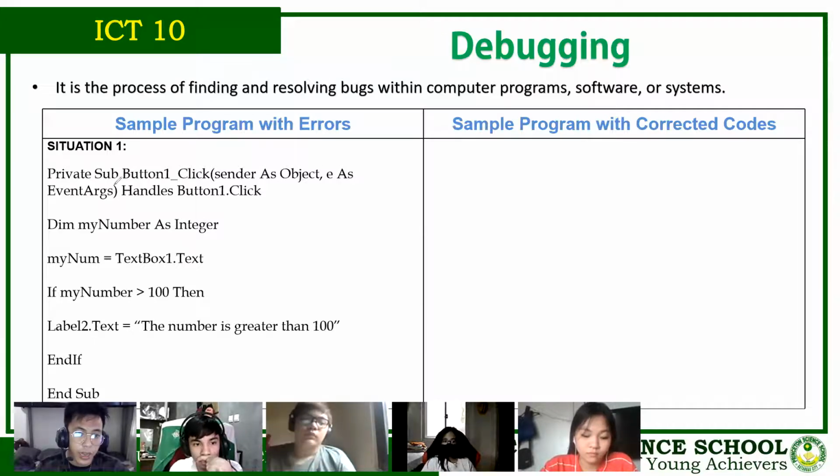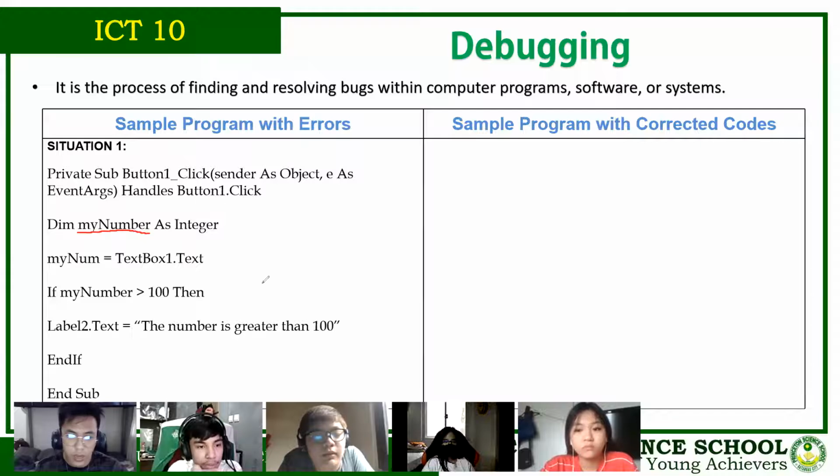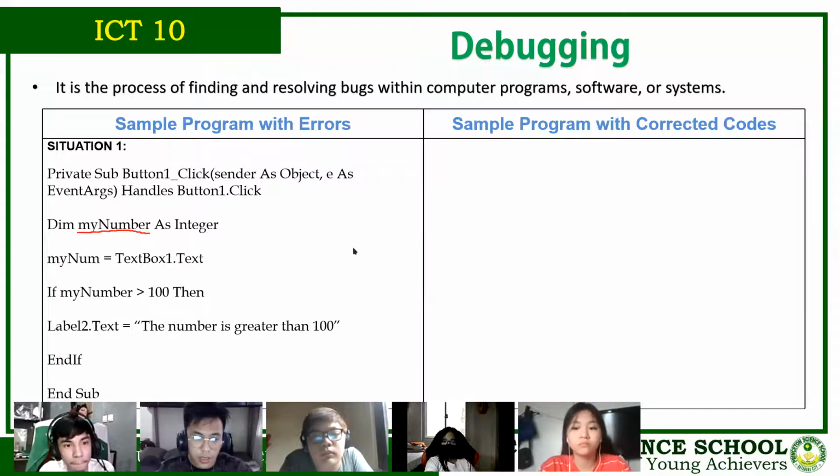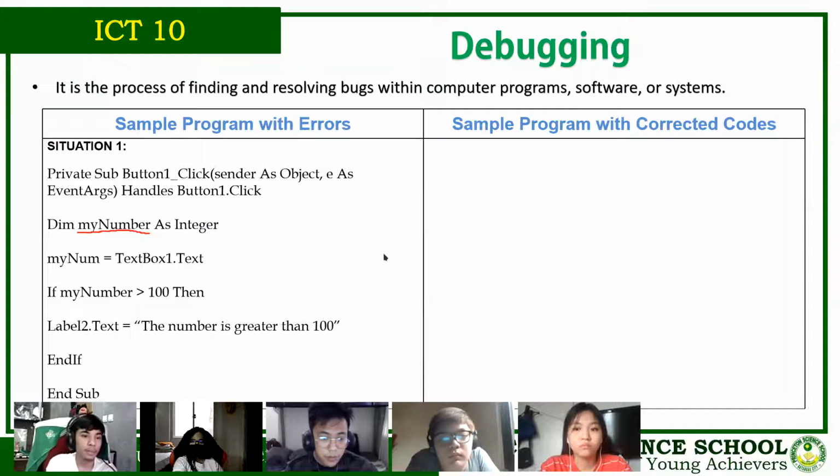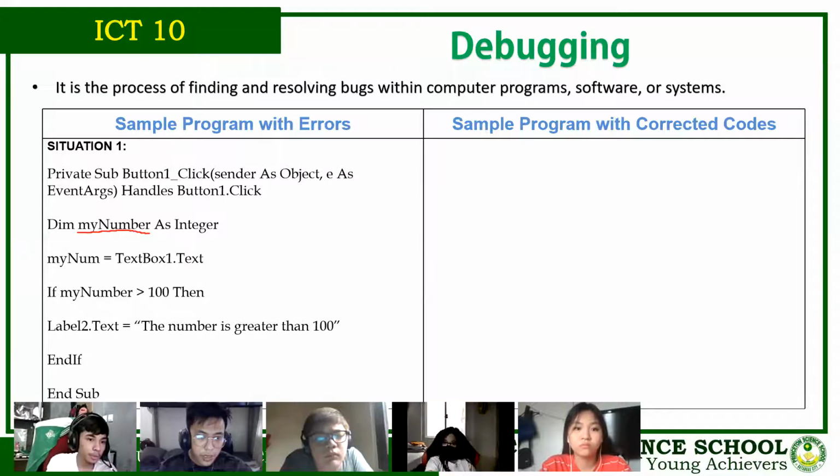We are looking at a sample code here. First, we declared Dim myNumber as an integer. Then looking at our code, there is an error here. What can you see? Yes, David? My num is equal to TextBox1.Text.